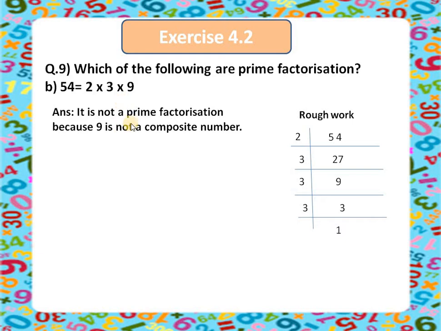So it is not a prime factorization because 9 is not a prime number. You can check your answer like this. 54, you will write down 2 3s are 6, 6 3s are 18, and 18 multiplied by 3 will give you the ultimate answer, 54.